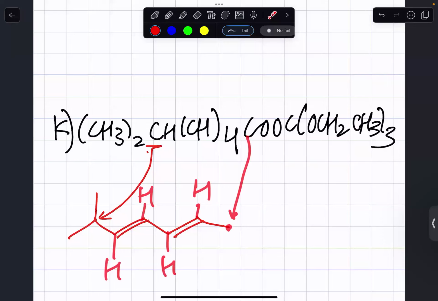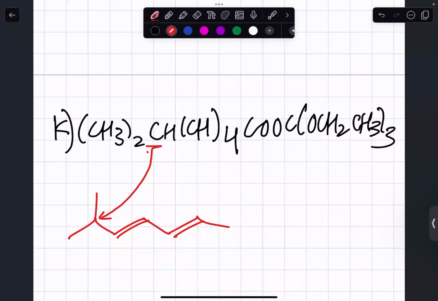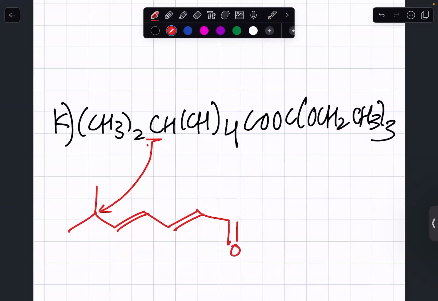And then after that, is it another carbon that's attached now to, it's a carbonyl.